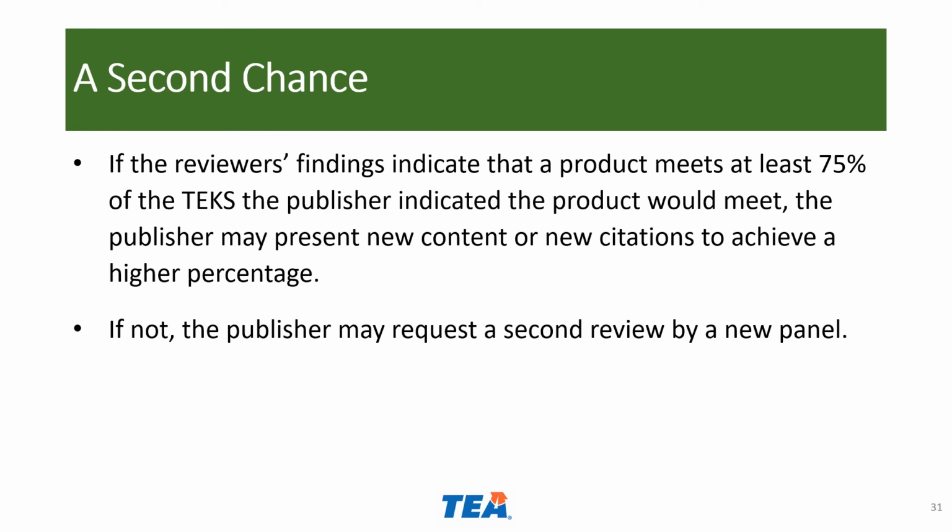If you find that a product meets at least 75% of the TEKS the publisher indicated the product would meet, the publisher may present new content or new citations to achieve a higher percentage. If not, the publisher may request a second review, which is also called a re-review, by a new panel.